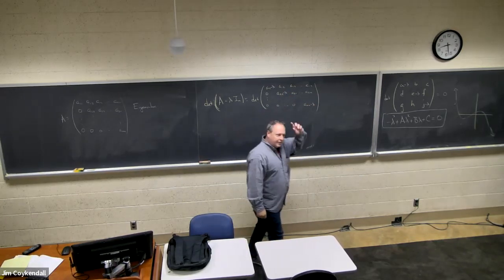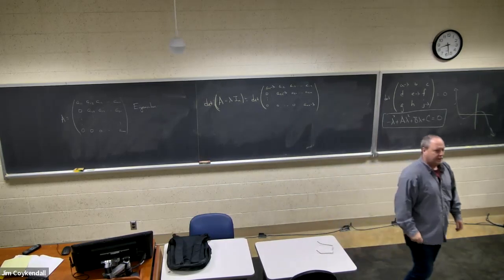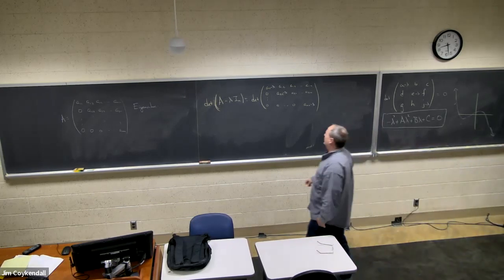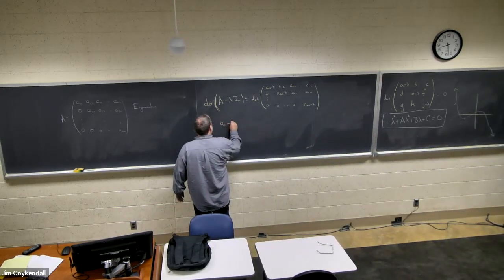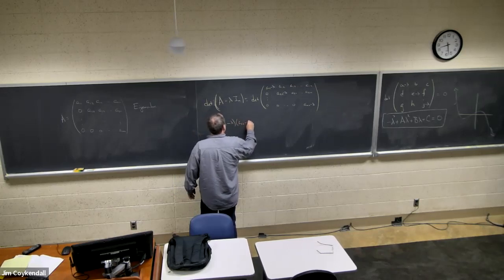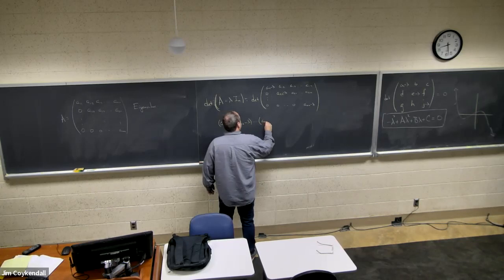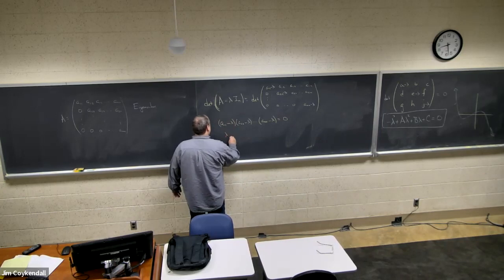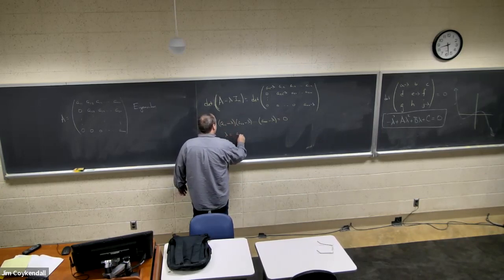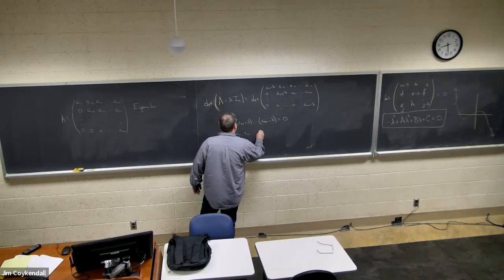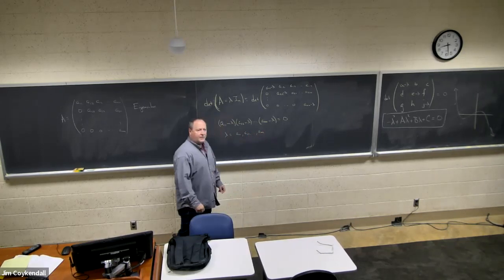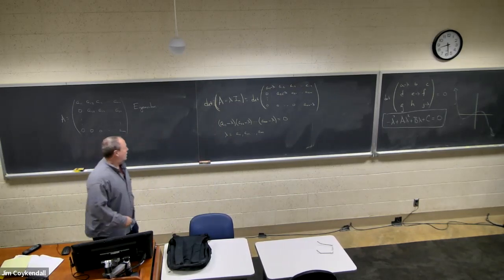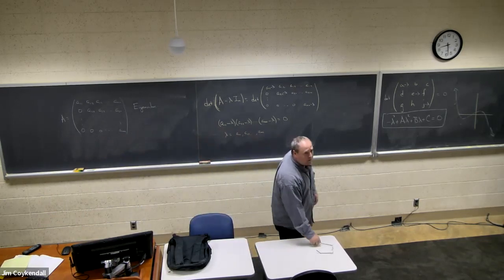And how do you take the determinant of a triangular matrix, upper or lower? It's just the product of the diagonal. Y'all remember that? So this is A11 minus lambda, A22 minus lambda, up to Ann minus lambda. Set it equal to 0. And so the eigenvalues are A11, A22, and so on. That is to say that the eigenvalues in an upper or lower triangular matrix you can just read off the diagonal. They're just the diagonal.